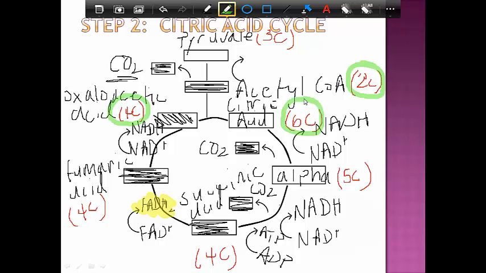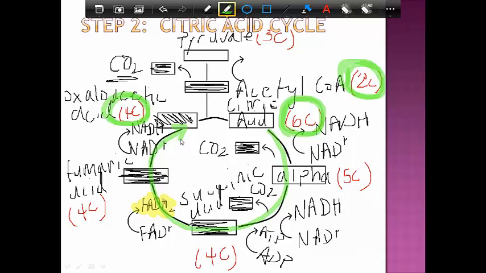We add the 4-carbon oxaloacetic acid that is at the end of the cycle to the 2-carbon acetyl-CoA that came from the pyruvate in glycolysis, and we get a 6-carbon citric acid. So as long as pyruvate continues to feed the citric acid cycle with the 2-carbon acetyl-CoA, this cycle will happen over and over again as long as there's acetyl-CoA to keep it going.